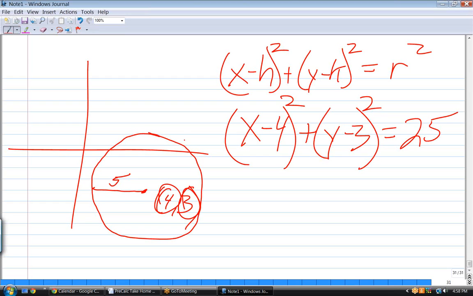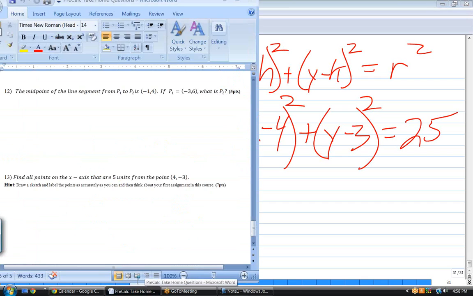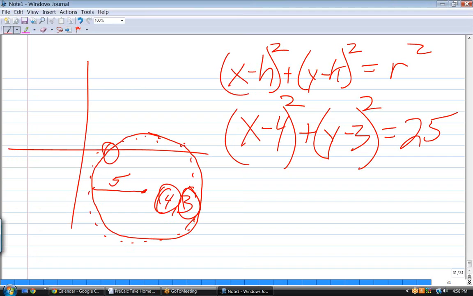But that's the equation of every point on the circumference of that circle. Every point will satisfy that equation. And their question is, find all the points on the x-axis. Well, there's only 2 points on the x-axis. And to solve for it, we need to solve this equation for x. When you're solving this equation for x, you're going to take everything else and put it on the other side of the equation.